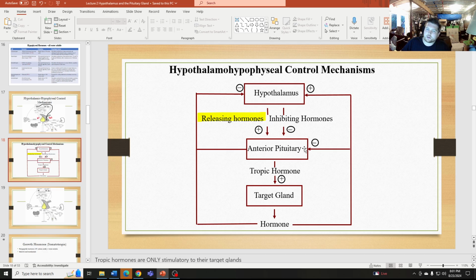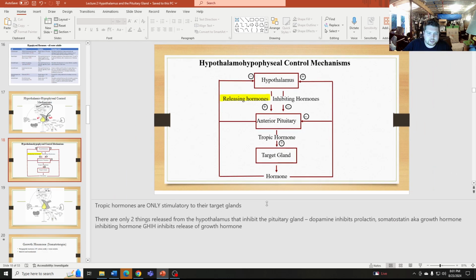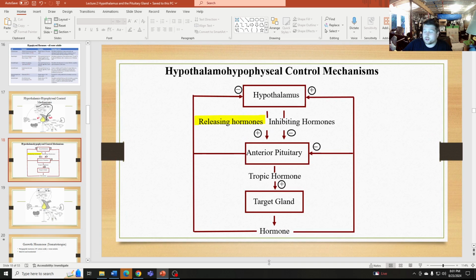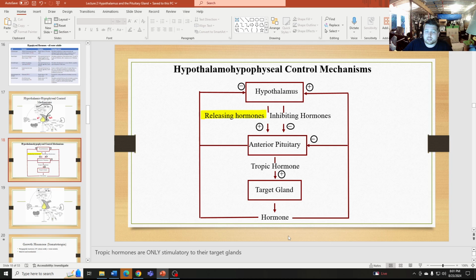Okay, this is going to be the either positive, pushing things forward, or negative feedback mechanism. This is where a lot of your test questions, general understanding, as well as understanding the pathology, is going to really come from.